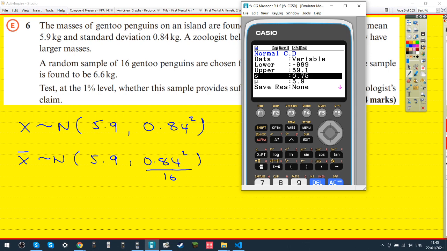Because we have a sample, usually it's just the square root of 0.84 squared, which is 0.84. Now we have to do the square root of 0.84 squared over 16. And so it'll basically be 0.84 over the square root of 16, or just the square root of the whole thing.